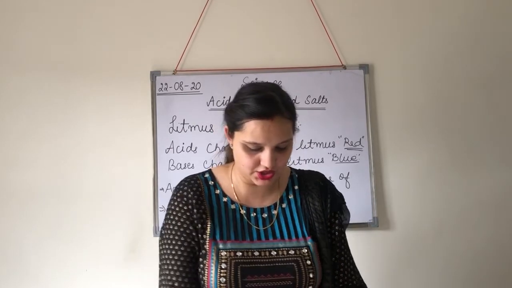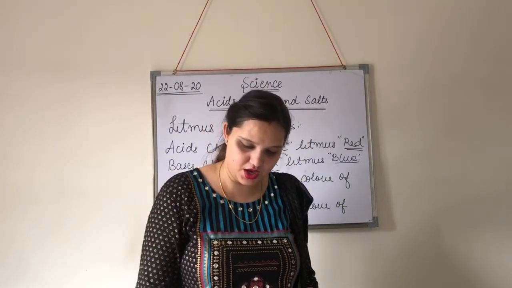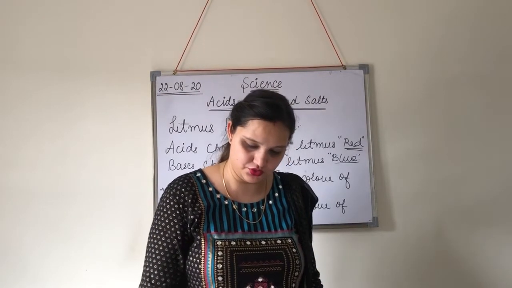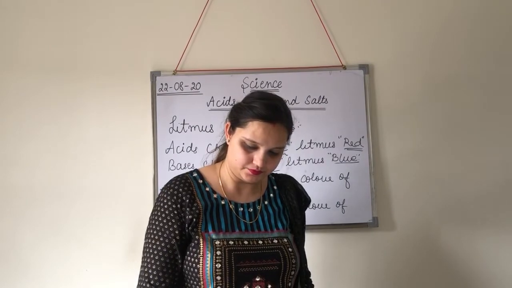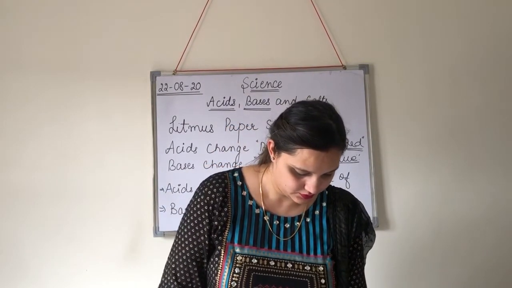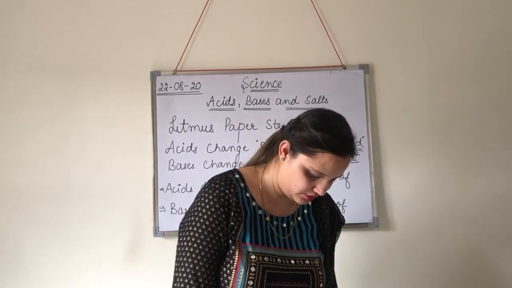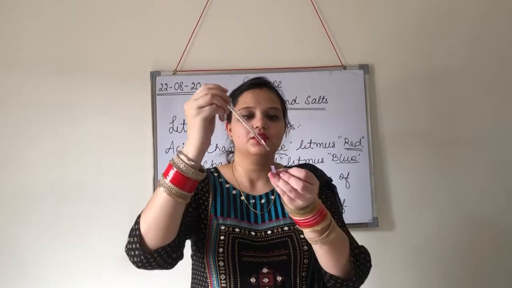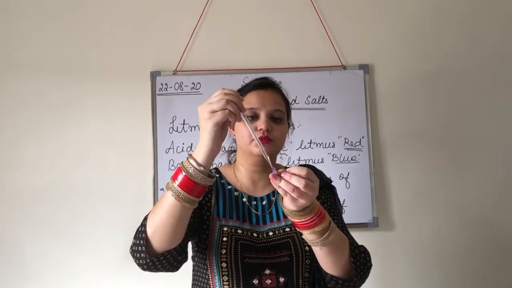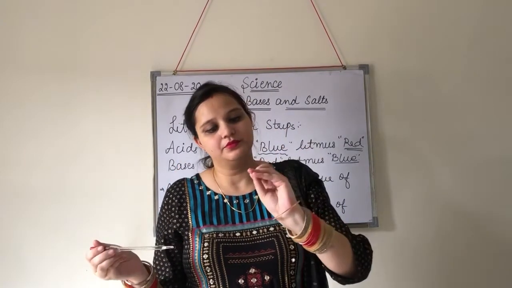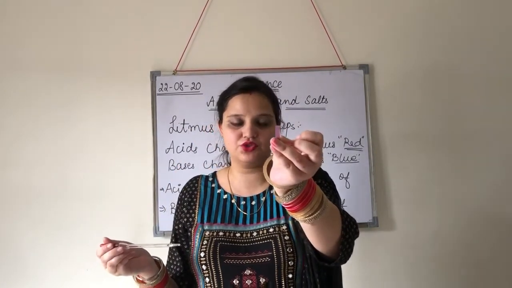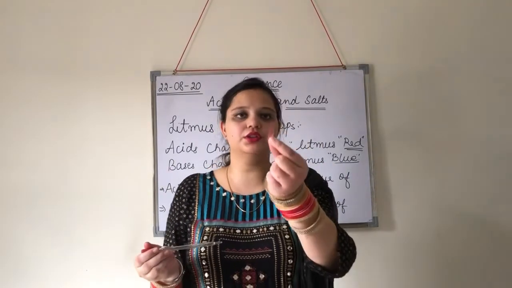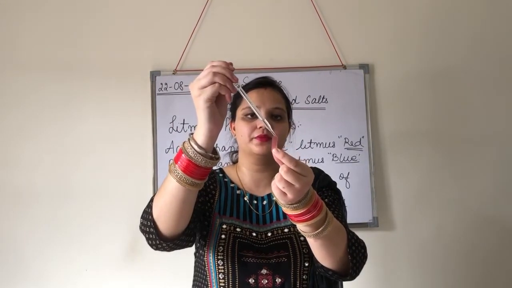So again, let's check the last one now, whether this is acidic, basic or neutral. So I'll be taking the solution now. So you can see I have taken the solution. Let's pour it on the blue litmus firstly. You can see the color of blue litmus is unchanged, and similarly let's pour this on the red litmus strip.